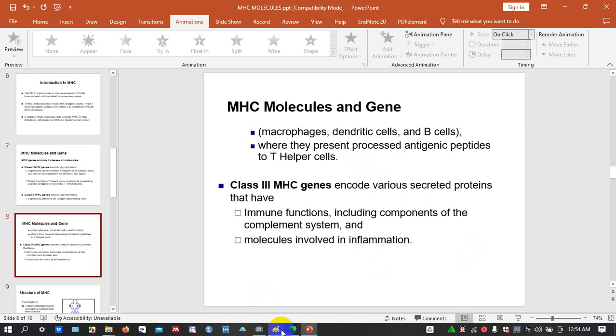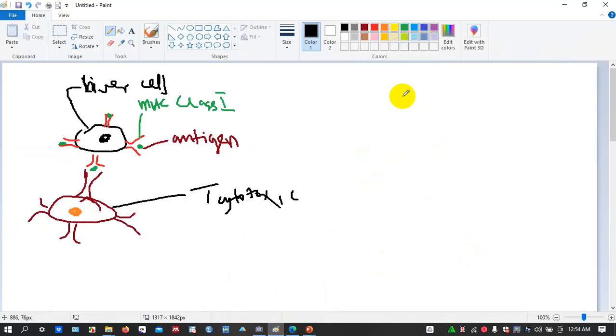Okay, so let's see. For MHC class 2, it uses what? Antigen presenting cells.